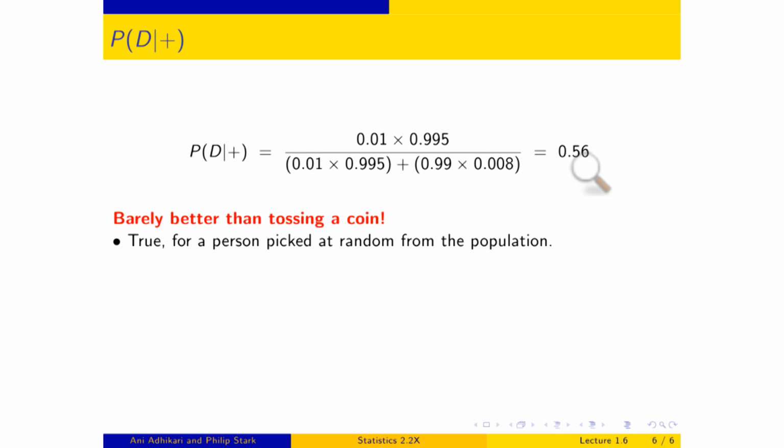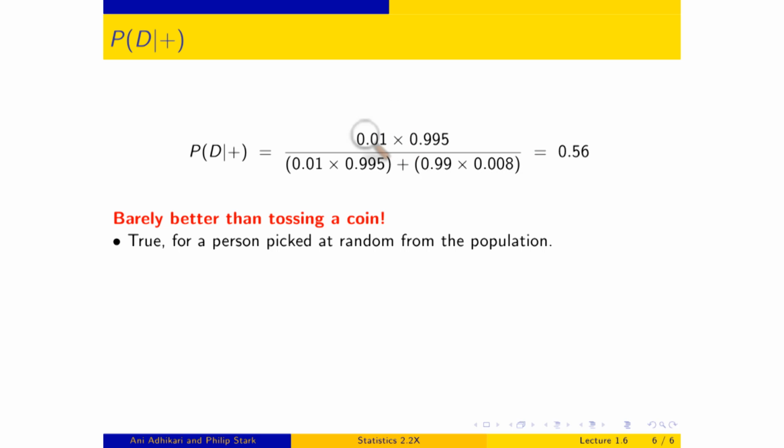And why is that? Well, the test is pretty good. The error rates are small. But correspondingly, also very few people have the disease. So the people who have the disease and test plus, that proportion is comparable to the people who don't have the disease and test plus.